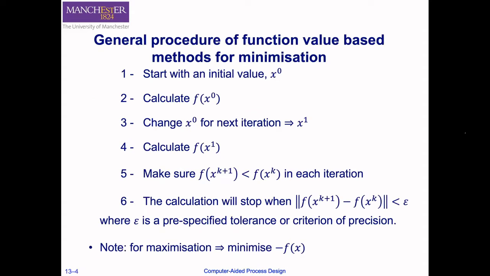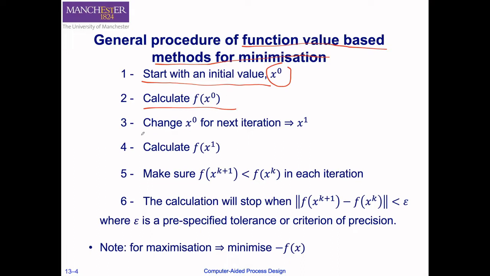Before we introduce the bracketing method, we first talk about a general procedure of function value-based methods for a minimization problem. In this procedure, we start from an initial value x0. This initial value is provided by us. Then we evaluate the function value at x0.